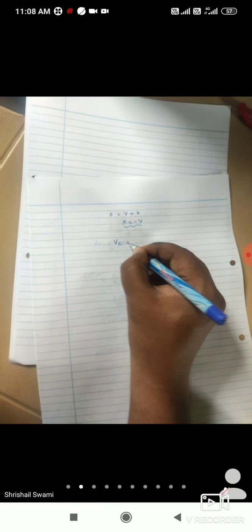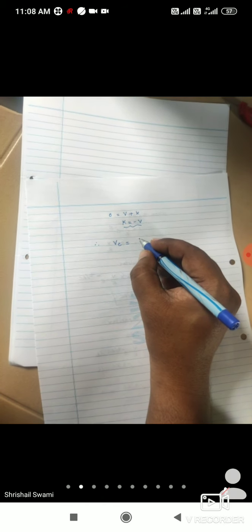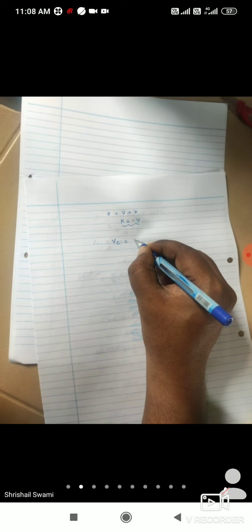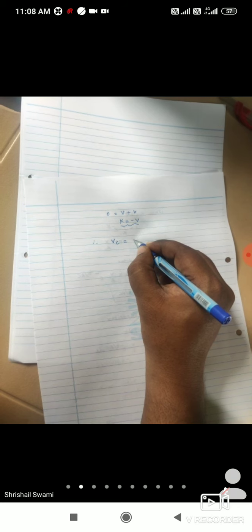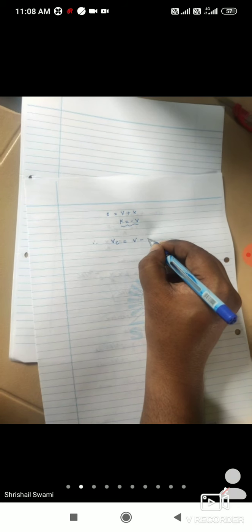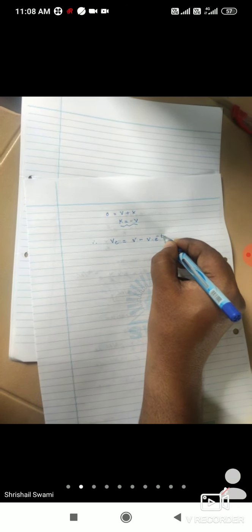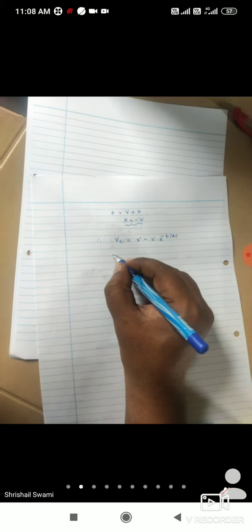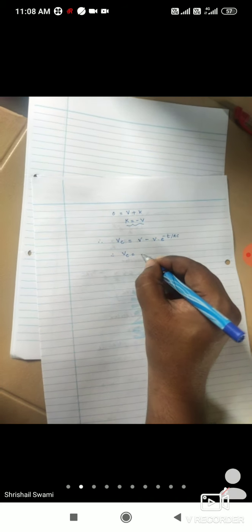So what will be the expression of voltage across the capacitor? Vc is equal to, K replaced by minus V, minus V into e raised to minus t divided by RC. So take the common V. Vc is equal to V into 1 minus e raised to minus t divided by RC.